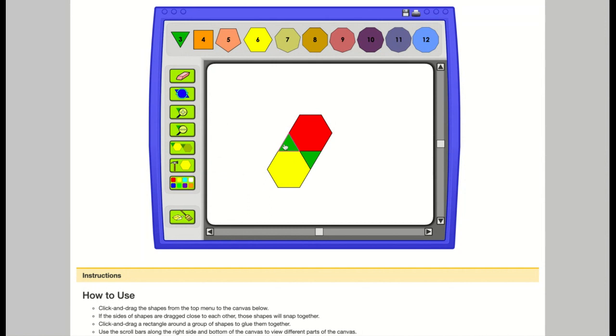By the way, you're more than welcome to join me in creating these things. So this is the tessellation creator that I posted on Blackboard a while ago. And it's free to use. You're encouraged to mess around with it.